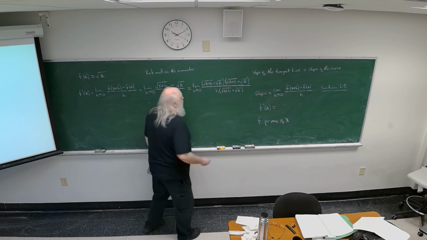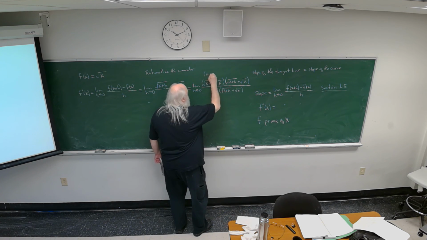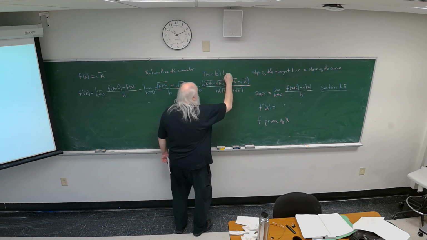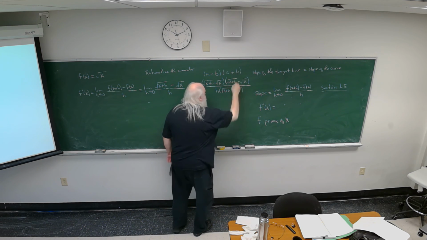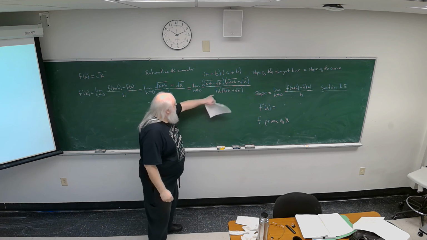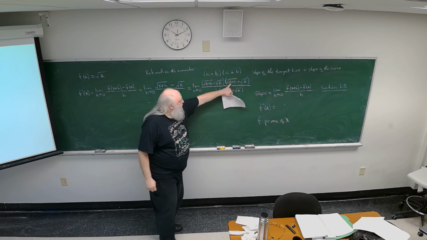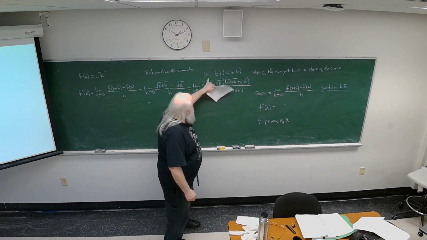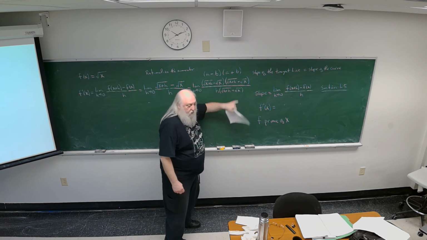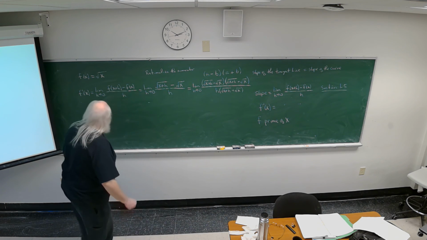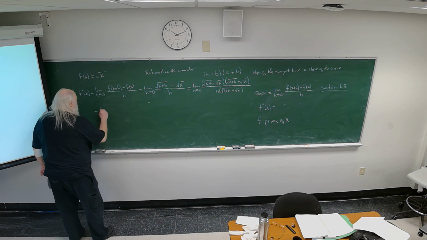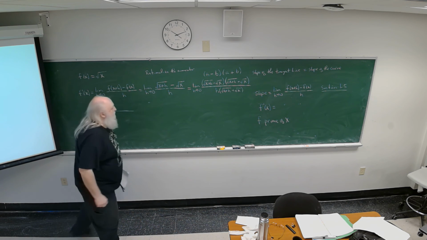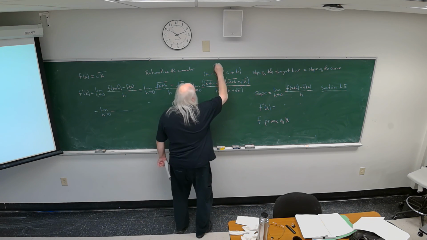So the numerator is of the form a minus b times a plus b, right? My a is square root of x plus h, and my b is square root of x. And so a minus b times a plus b is a squared minus b squared. So the numerator simplifies to, what's a squared?